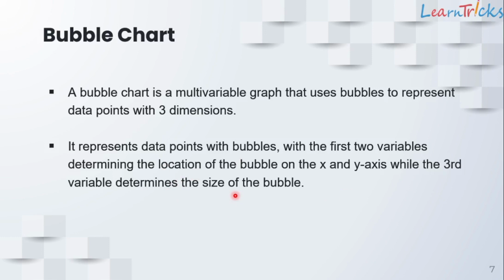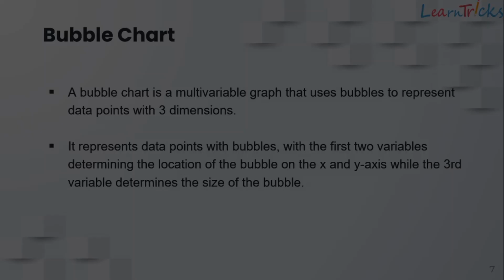Means the size or the value of the third dimension changes. The first dimension is the x variable, the second is the y coordinate, and the third is the size of that bubble. We will see in detail.